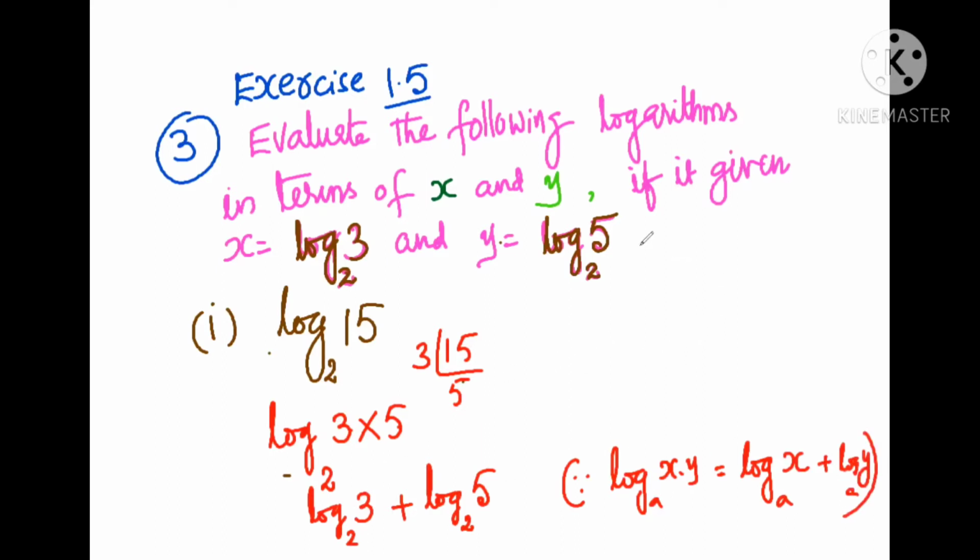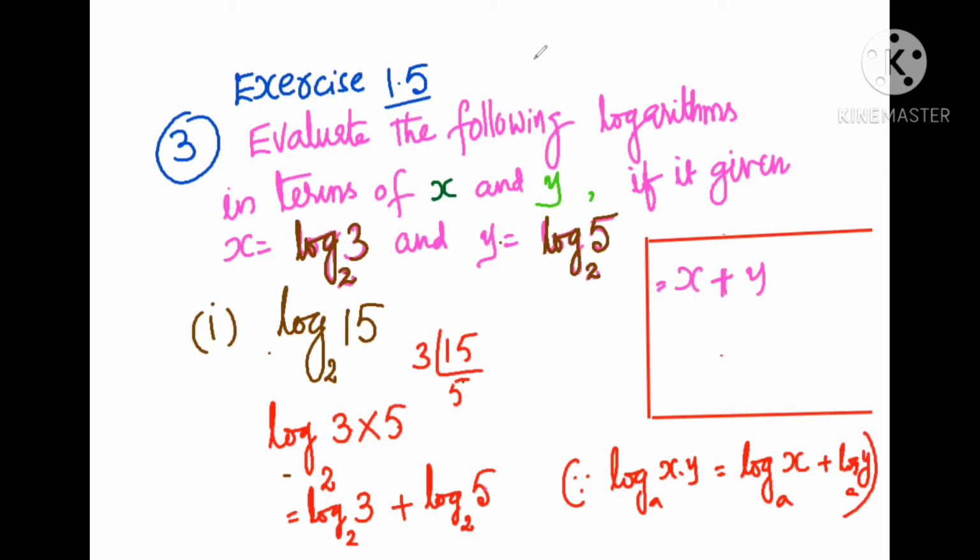So this is logarithm of 3 base 2 plus logarithm of 5 base 2. Now, the conclusion of this problem: logarithm of 3 base 2 is already given as x, plus logarithm of 5 base 2 is y. x plus y is the solution of this problem.